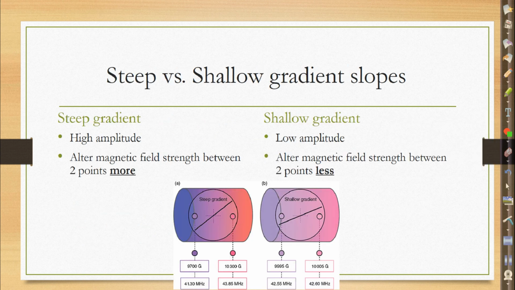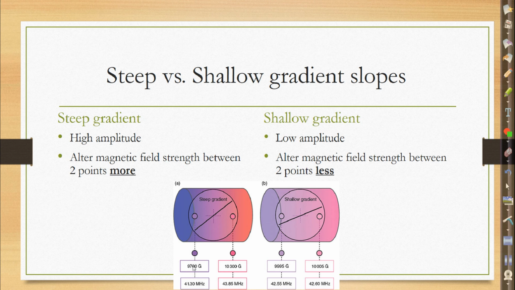Okay, so to acquire a steep gradient with a higher gradient amplitude, we apply more current into those wires. And when we do that, that linear slope is a lot steeper. You see that? So we get a greater change in magnetic field strength and precessional frequency.